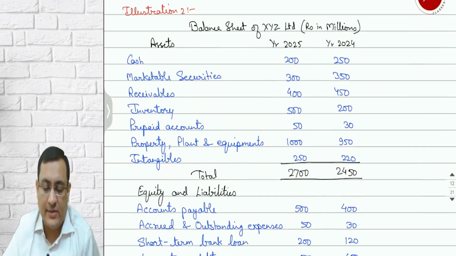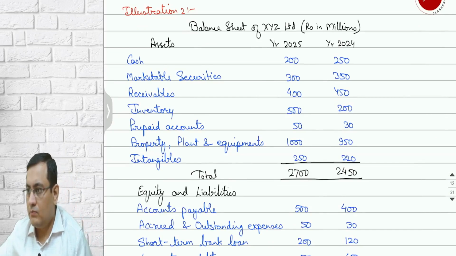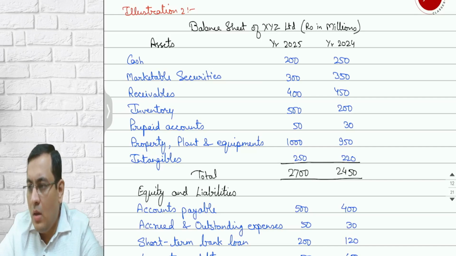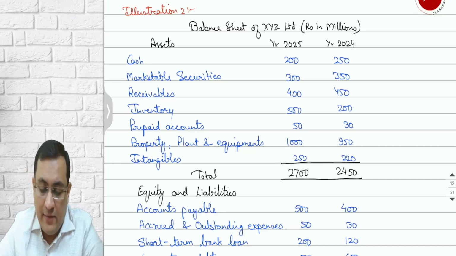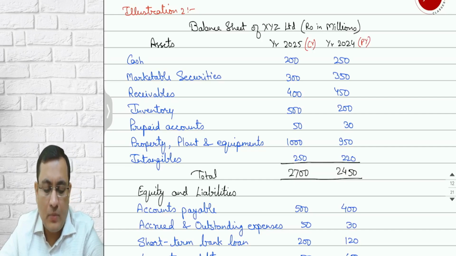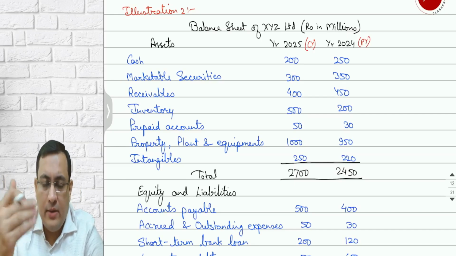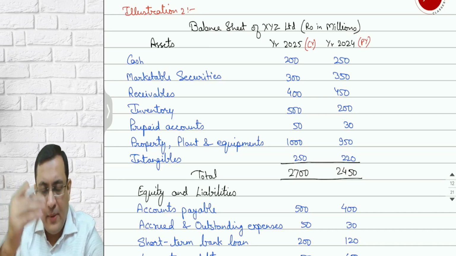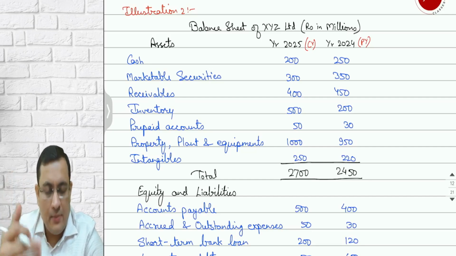So we have XYZ Limited. The balance sheet of XYZ Limited is available with us. We have assets. The current year and the previous year data are available. Cash. Now from the issuer's point of view in a balance sheet, generally the most liquid value is at the top, and as the liquidity reduces, the items come lower in the balance sheet.